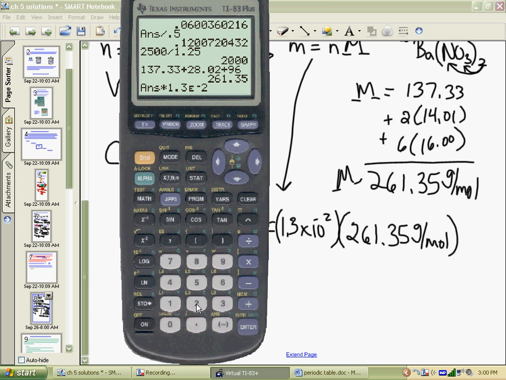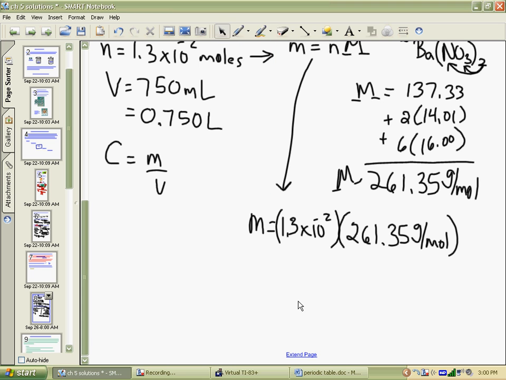You get 3.397, or 3.4 grams. But 3.4 grams isn't how you want your mass in parts per million, because you want it in milligrams, and the volume we already converted to liters. So we multiply by 1,000 to get 3,400 milligrams.